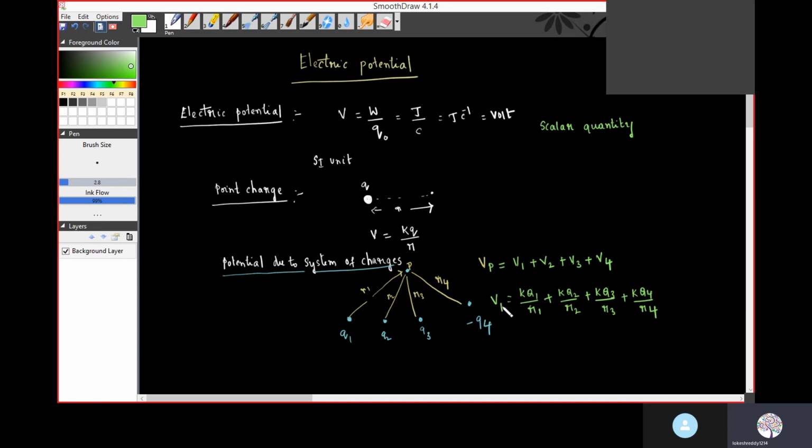That's the potential at the point P. Here a negative charge is there, so I will write minus. So for the system of charges, we can write V is equal to sigma k Qi by Ri, i equal to 1 to n, if n number of charges are there.